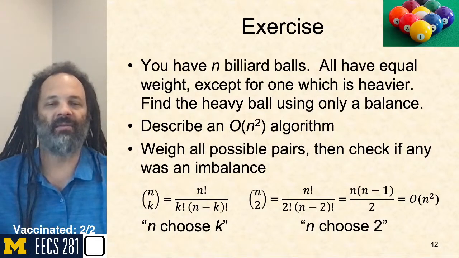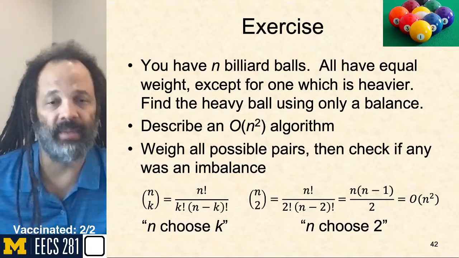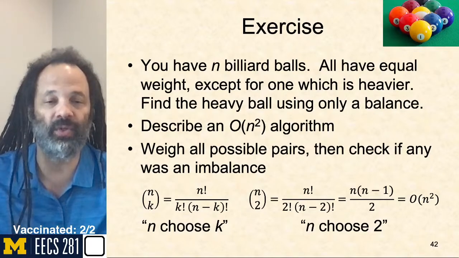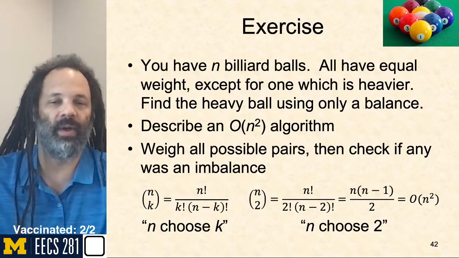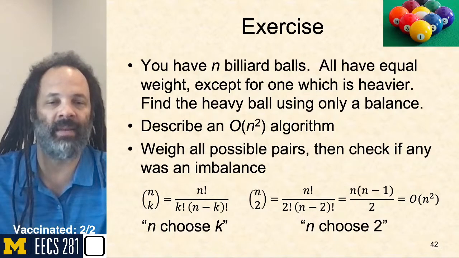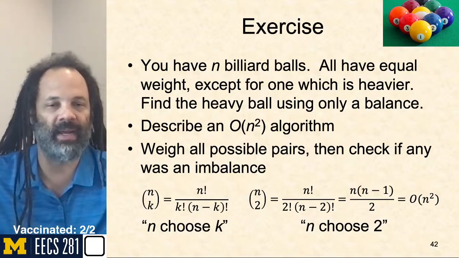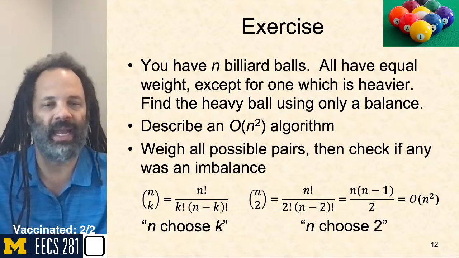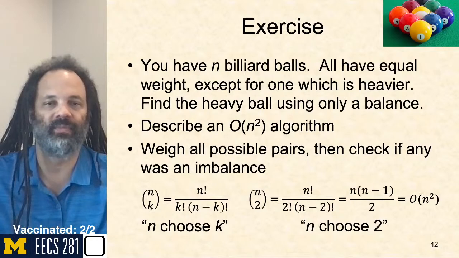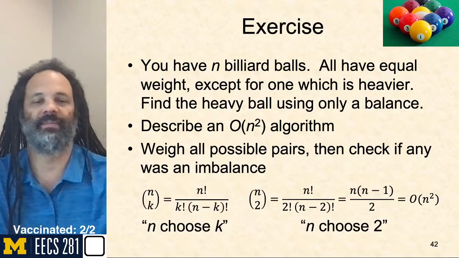So that looks like n factorial divided by 2 factorial times n minus 2 factorial. So as I solve that, I end up with the answer is n times n minus 1 quantity over 2, which is really n squared minus n over 2, and I end up with something that's big O of n squared. So that's my check all possible pairs version.